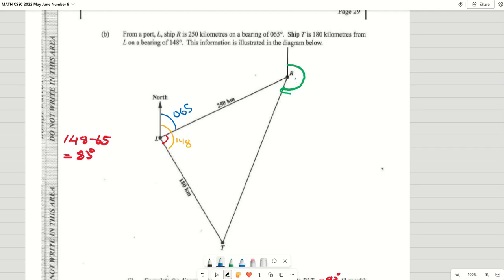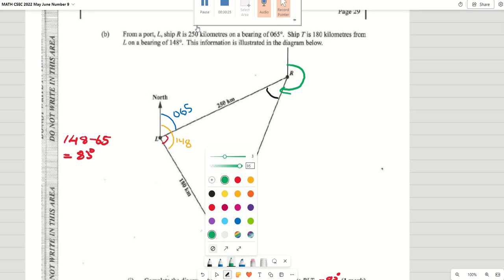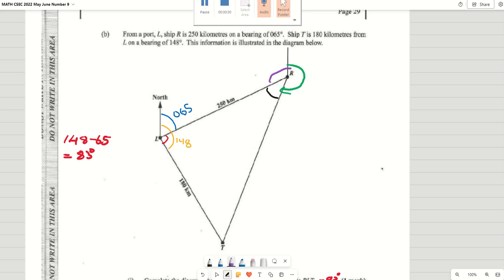What we would have to do is find this angle here, so I'll put it in black, and also, let's use purple, this angle here. It's easy to find those two angles, and then the green angle, the black angle, and the purple angle are all 360. So once you find your black angle, which is simple enough, and your purple angle, which is also simple enough, you just subtract from 360 to get that green angle.